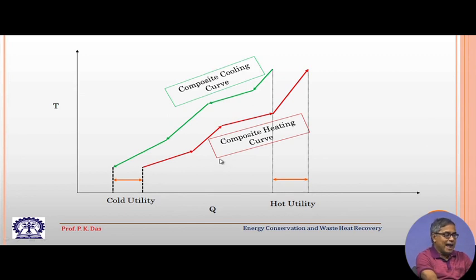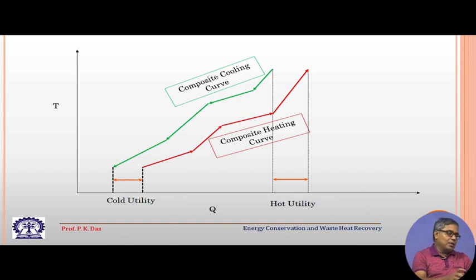And we can have some sort of idea regarding pinch temperature also from these two curves. You see, if we try to bring these two curves close together, then more internal heat exchange is possible and very little cold utility and hot utility are needed.